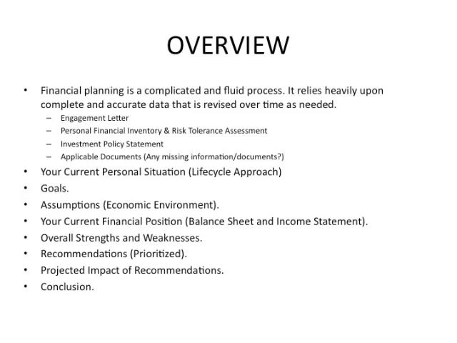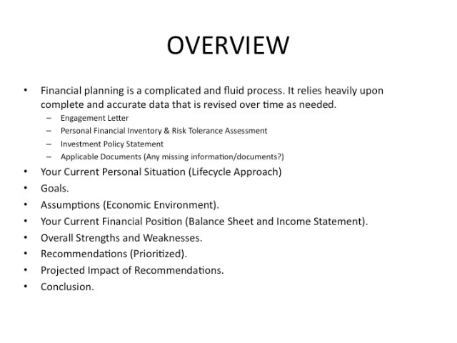After that, we're going to look at your current personal situation. It's something that we call the life cycle approach, and we'll cover your goals that you had listed. We have to look at assumptions about the economic environment because they really dictate a lot of what we're going to do. We look at your current financial position, a balance sheet, and an income statement.